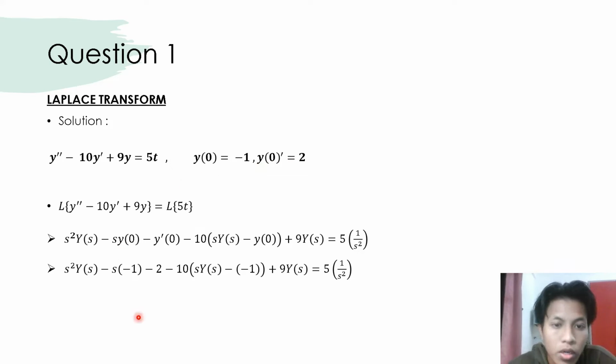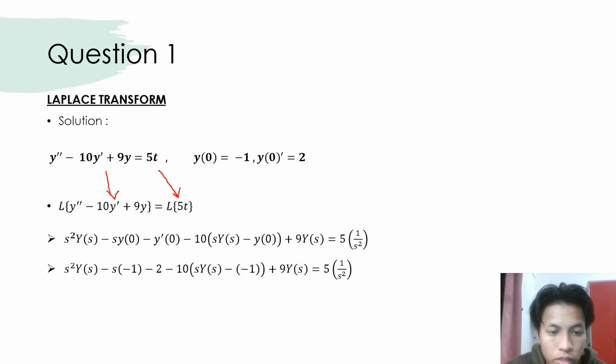So first we put the question in the equation, okay, and then we know that the formula for Laplace transform is s square Y(s) minus s y(0) minus y prime(0) minus 10 times (sY(s) minus y(0)) plus 9Y(s) equal to 5 times 1 over s square.